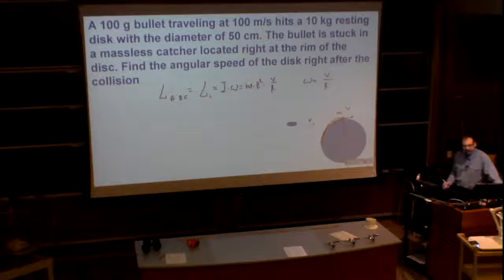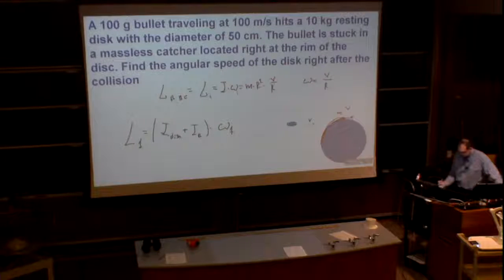What about final? Well, after the collision, they spin together. So the final angular momentum will be equal to the rotational inertia of the disk plus the rotational inertia of that bullet, or mass, times the new angular velocity.